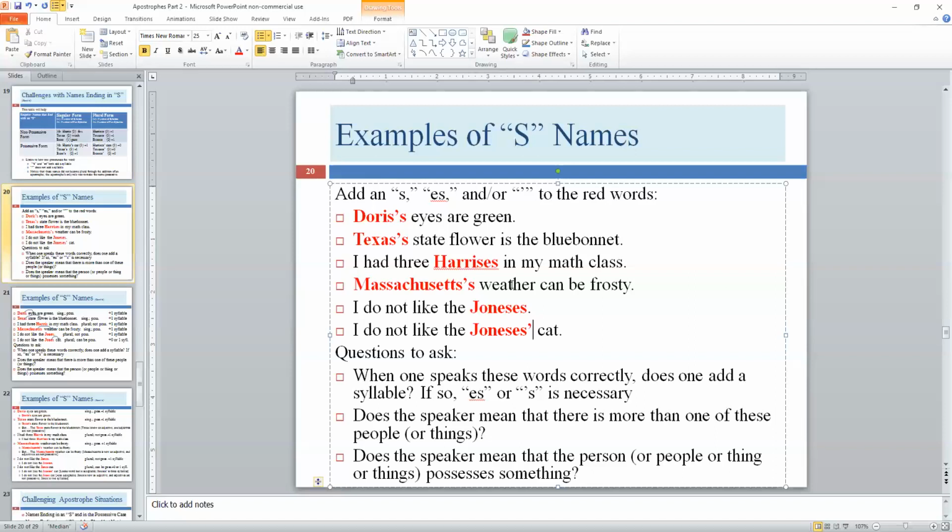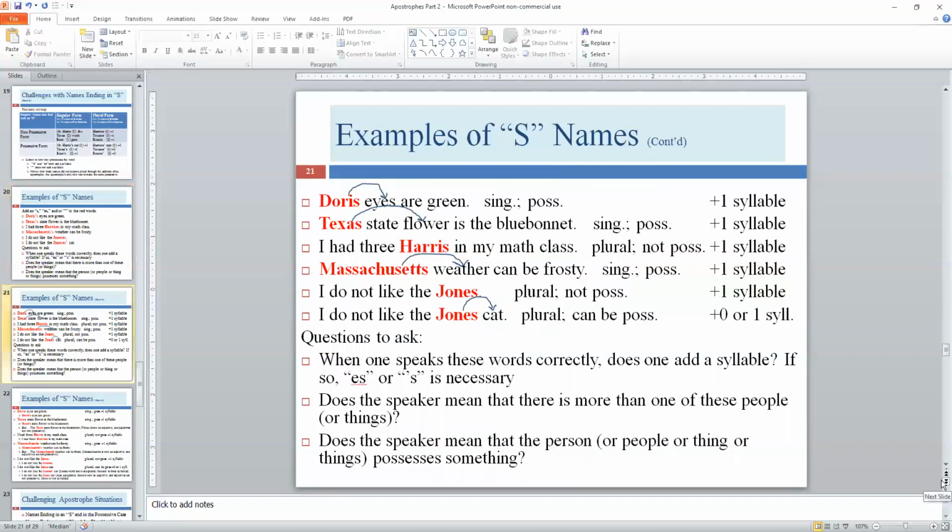Massachusetts doesn't own its weather, but the weather is tied. It has a relationship with the state of Massachusetts in this sentence, and so we use the possessive sense, even though technically, from a strictly traditional English meaning, it doesn't quite fit.